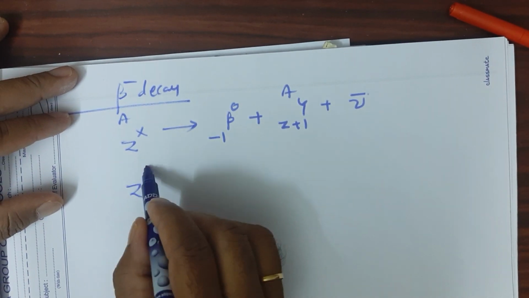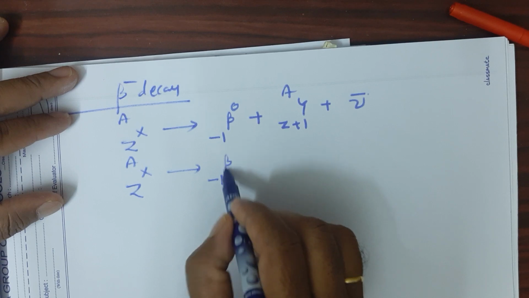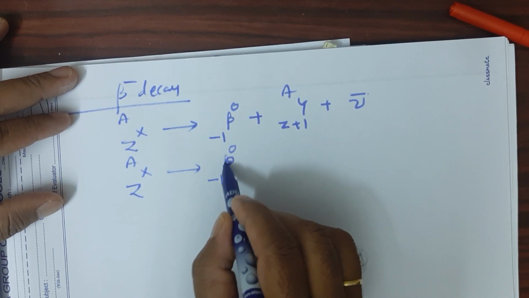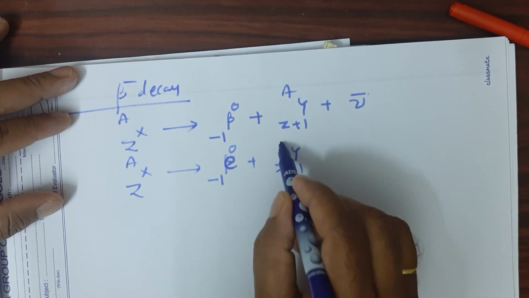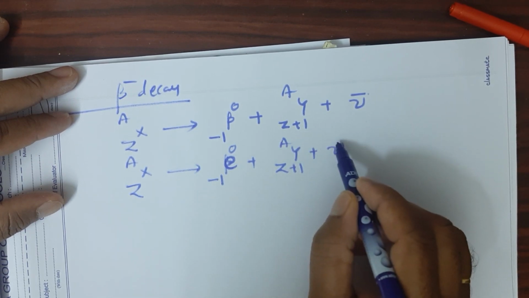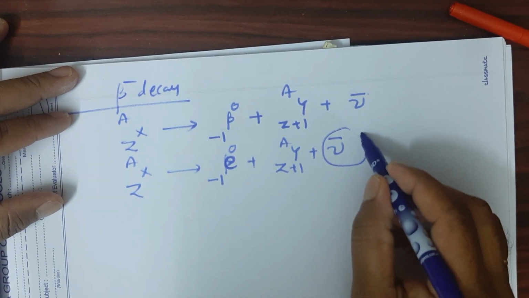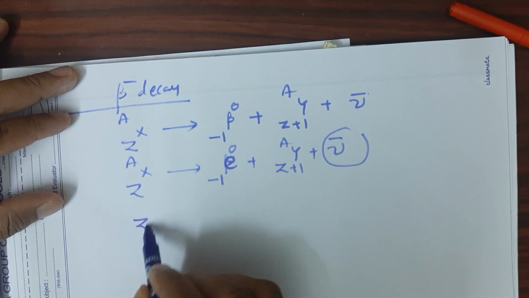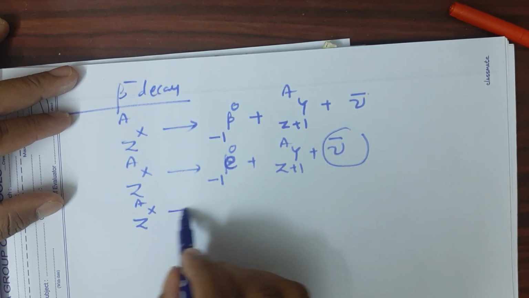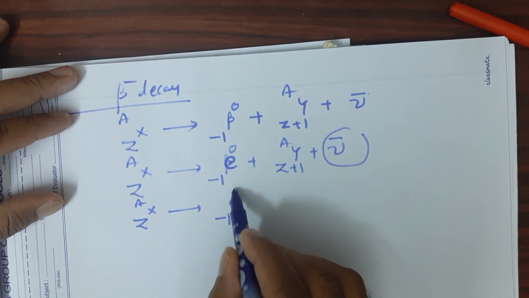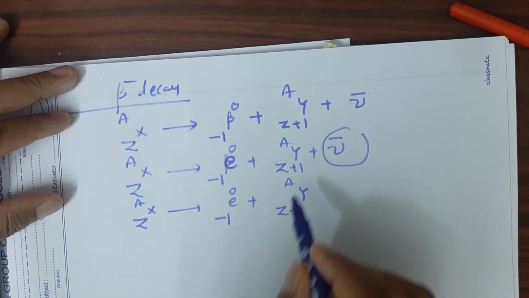Or you can write it as ZXA gives rise to minus 1 E0 plus Z plus 1 YA plus antineutrino nu bar. By neglecting this one, because its rest mass is 0, you can write ZXA gives rise to minus 1 E0 plus Z plus 1 YA.